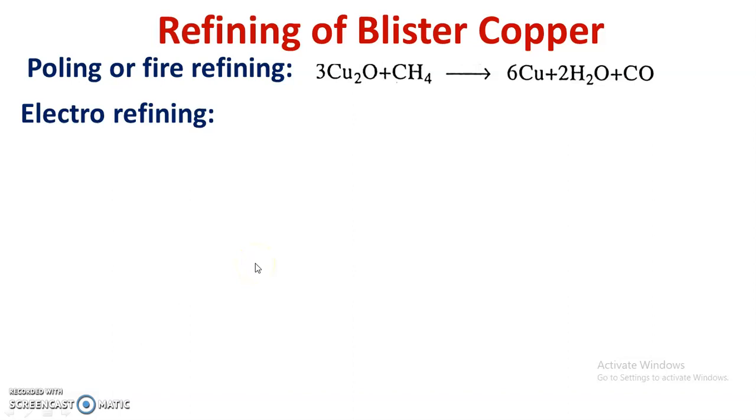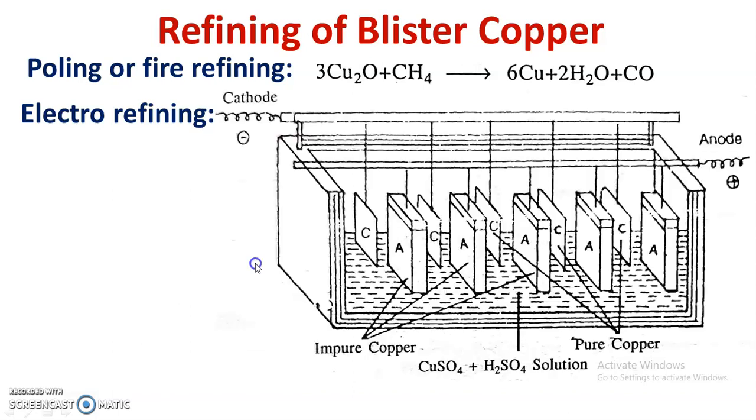If the copper is to be used for conductivity work, then it must be of extra purity, or its purity must be very high. So during refining, an electrolytic bath is taken.